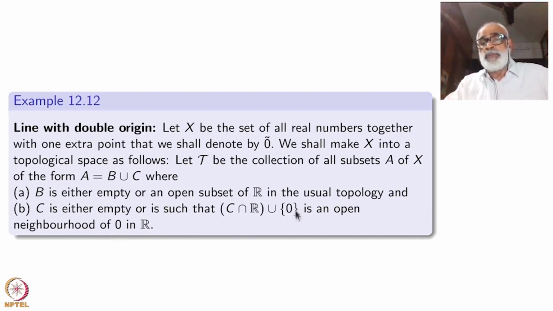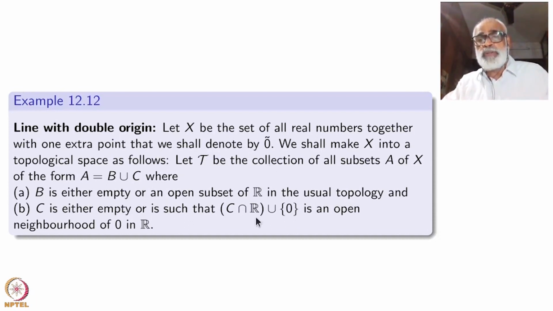What is the relation between 0 and 0 twiddle? If you just ignore the other one, then the rest of it looks like a real line. If you ignore one of them, both of them are there and they are so close to each other that you cannot separate them. The moment you take a neighborhood, that neighborhood will intersect.